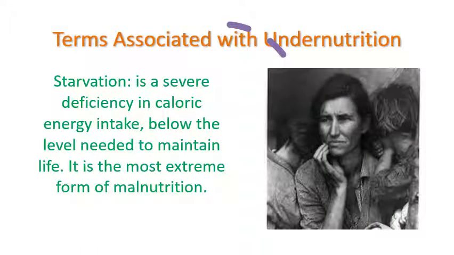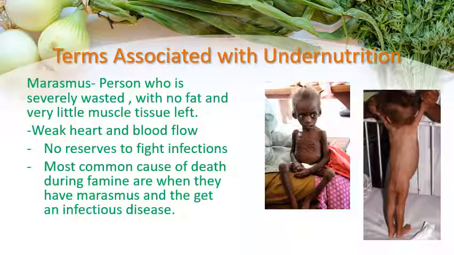Starvation is a severe deficiency in caloric energy intake, below the level needed to maintain a life. It is the most extreme form of malnutrition. Marasmus is defined as a person who is severely wasted with no fat and very little muscle tissue left.